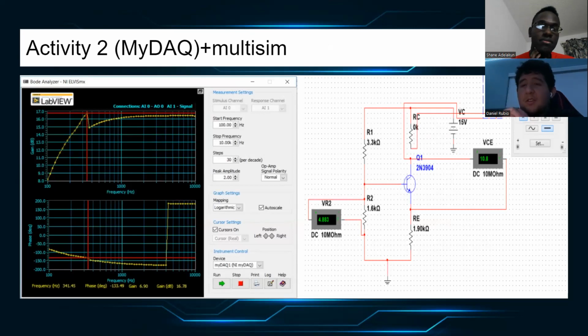This is the Multisim with the multimeter for activity 2. On the left side, we have the graph increasing over frequency, in hertz. On the vertical side, the y-axis, we have the gain.